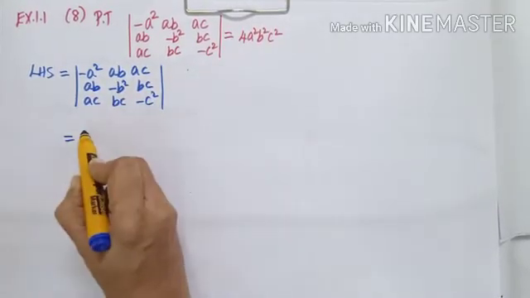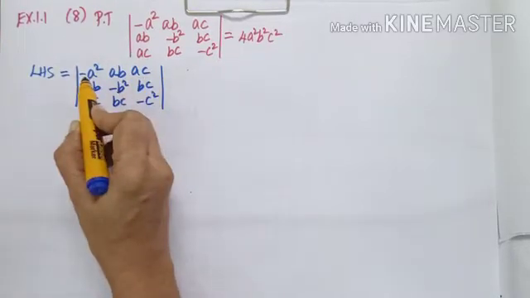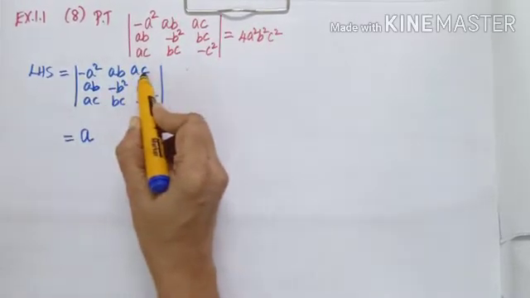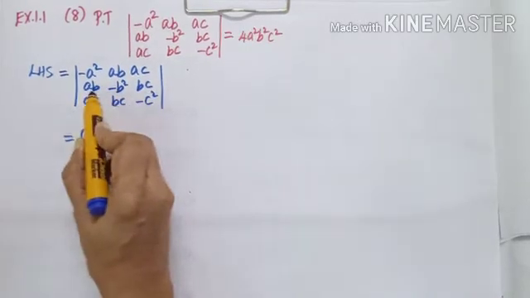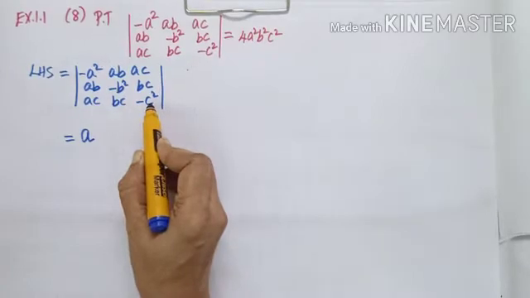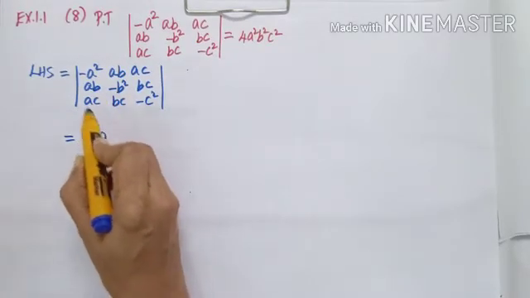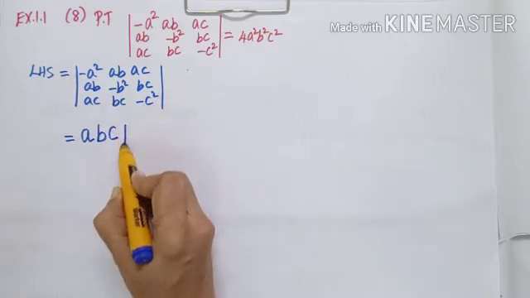First row A is common. Let us take it out. By the property of determinants, first row A is common. Second row B is common. Third row C is common. So we take A from first row, B from second row and C from third row.